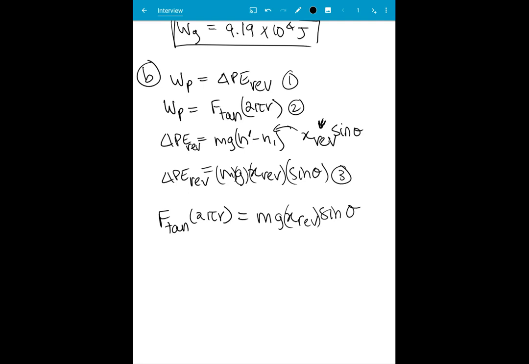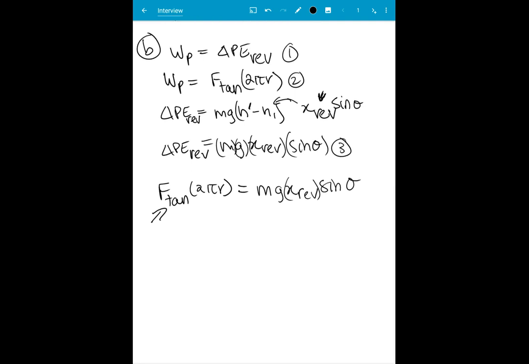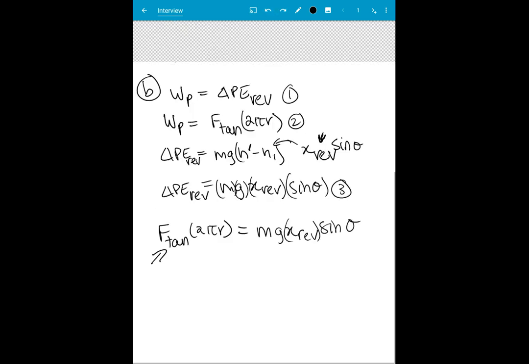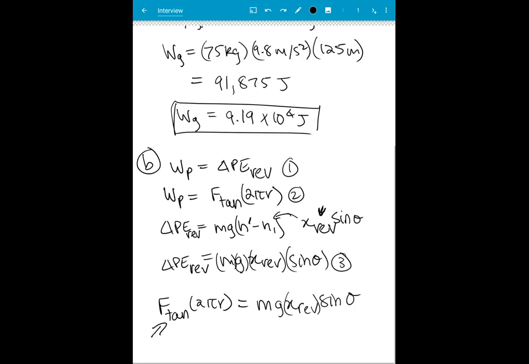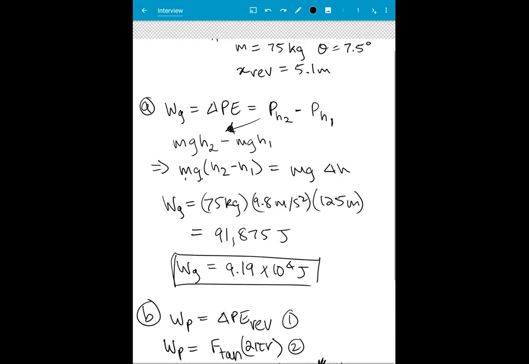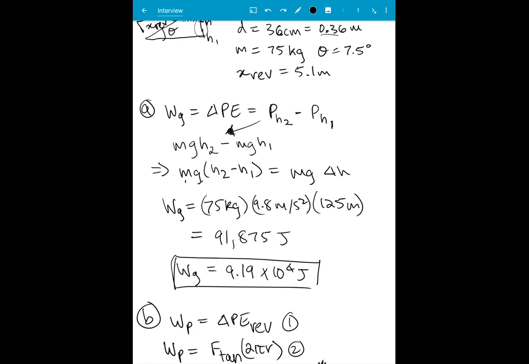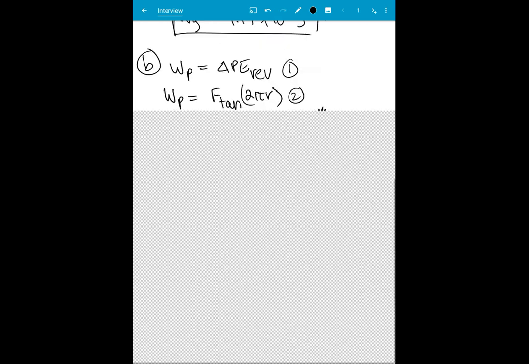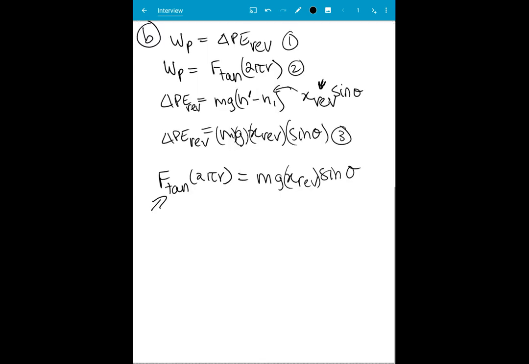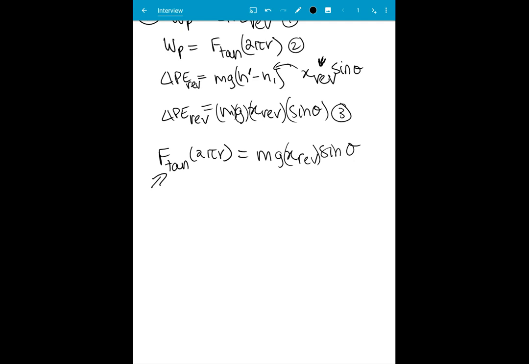Now, what we're solving for is this value right here, and we really know all of the other values. The only value that we don't know is r, but r is just 1/2 of the diameter of the circle that the pedals travel in, which we were given earlier on, right? So we know what the diameter is. We can easily solve for the radius.